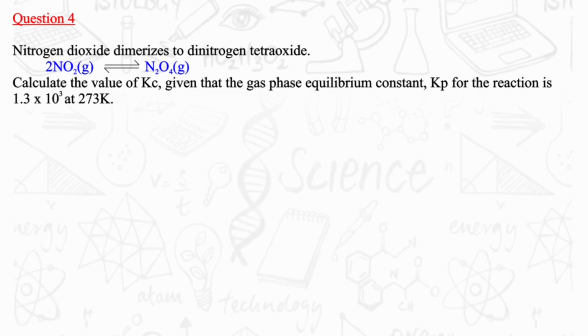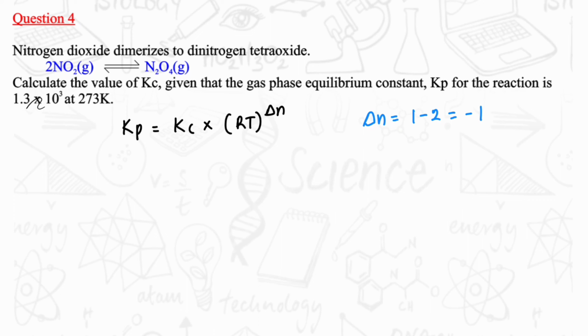Nitrogen dioxide dimerizes to dinitrogen tetroxide. Calculate the value of Kc given that the gas phase equilibrium constant Kp for the reaction is 1.3 times 10 to the power 3. So for this we can use the equation Kp is equal to Kc times RT to the power delta n. Here, if we calculate the delta n value, it is 1 minus 2, so the answer will be minus 1.